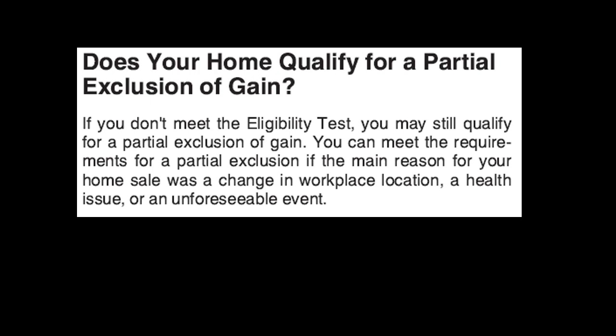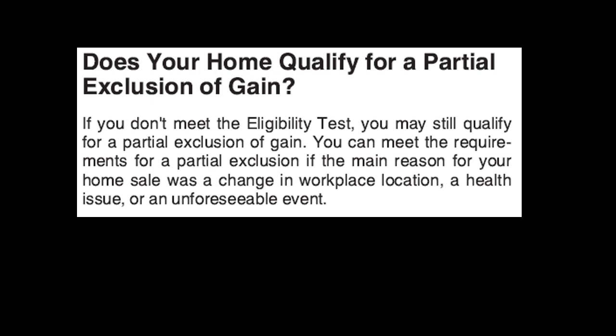So our sequence here is to see if we qualify for the full exclusion, the full $500,000 if married filing jointly, or $250,000 for the sale of the home. If we don't qualify, then we're going to see if we could still qualify for the partial exclusion of the gain, as we are doing here. Back to the text.